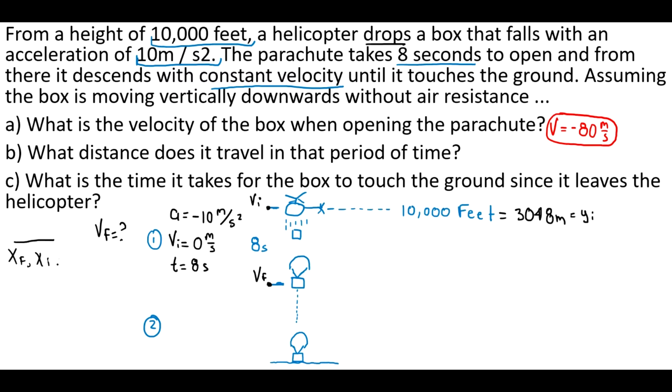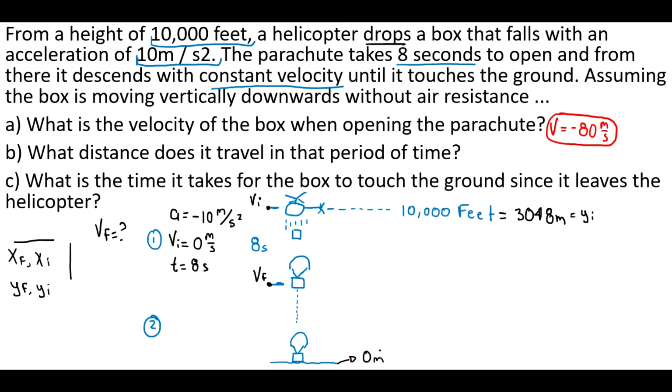Now my axis is vertical, so I'm going to use final position Y and initial position Y. So my initial position will be 3,048 meters, and the position at the ground will be 0 meters.